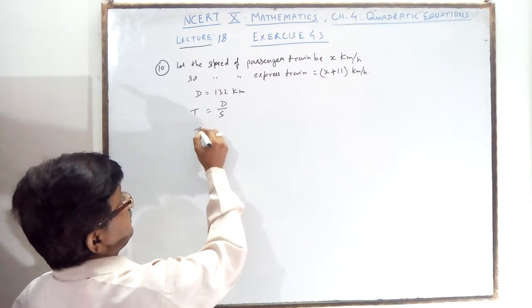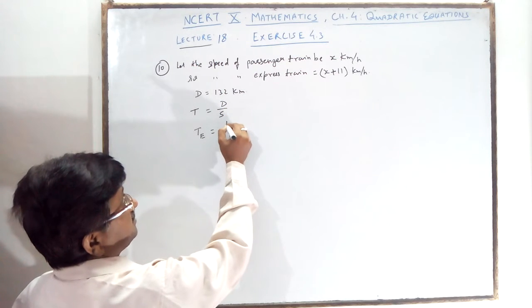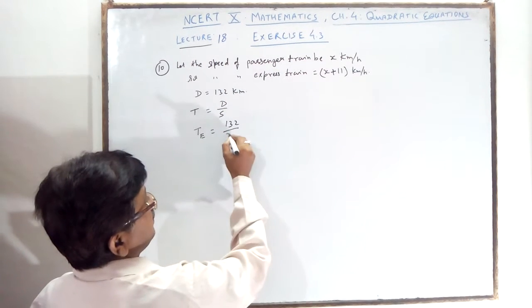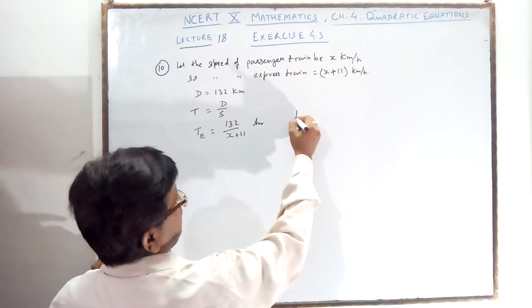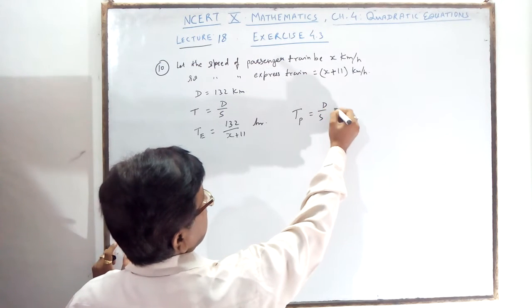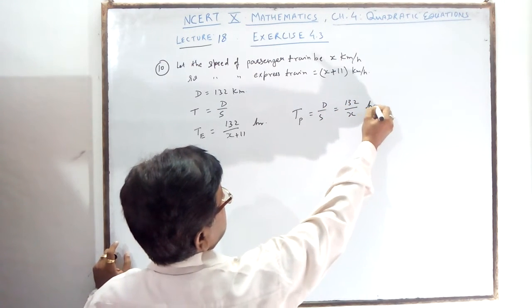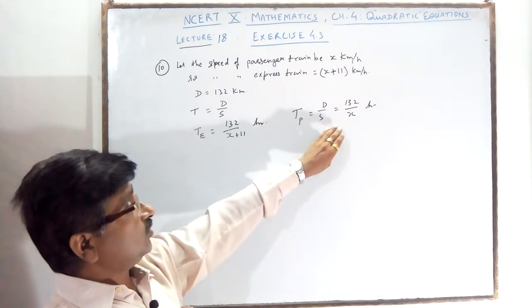So the time taken by the express train will be distance upon speed, 132 upon the express train speed, x plus 11 hours. The time taken by the passenger train will be 132 upon x hours, because the passenger train is going slow, so it will take more time.